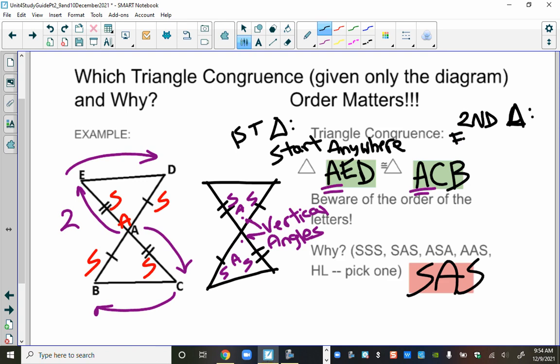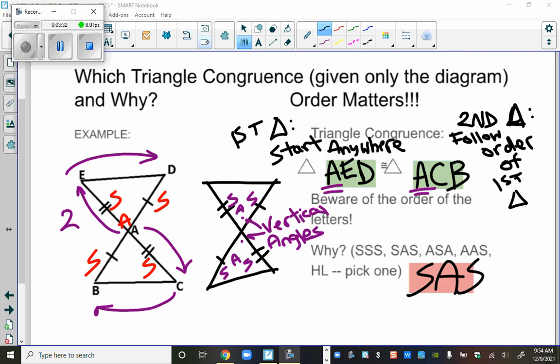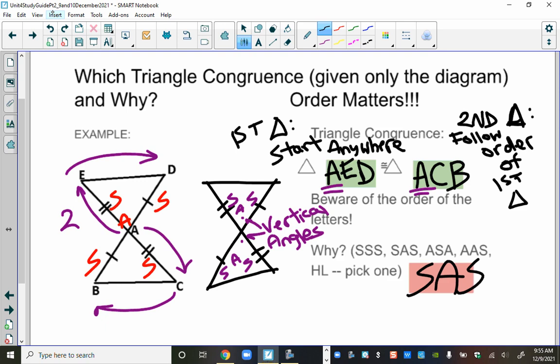you have to follow the order of the first triangle. Okay, questions? So start anywhere for the first triangle. Second one, you have to follow the order of the first triangle. Okay, questions?